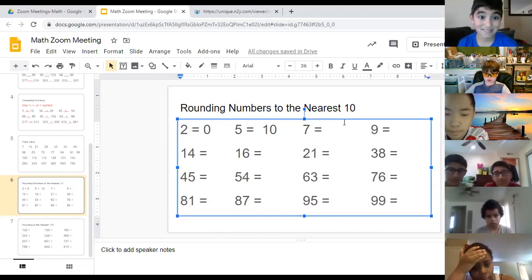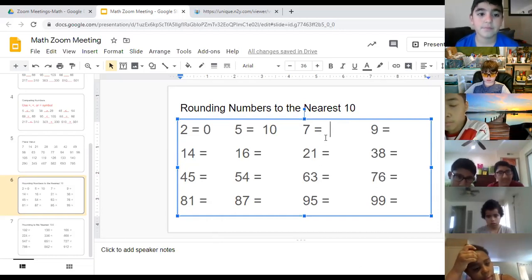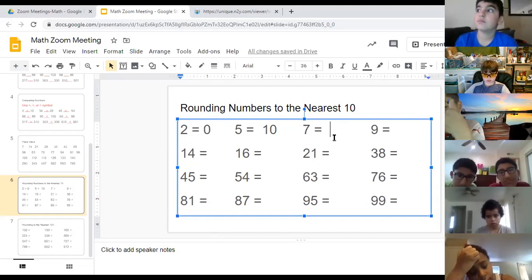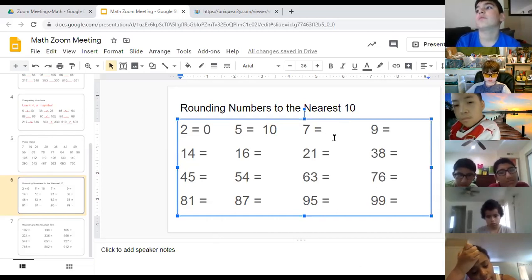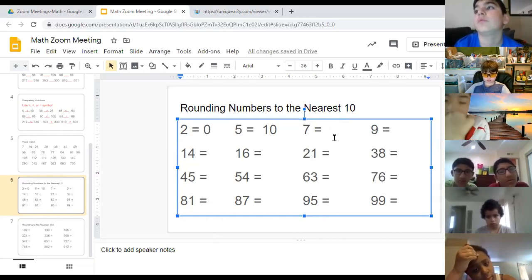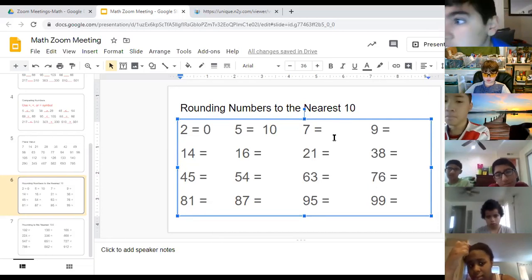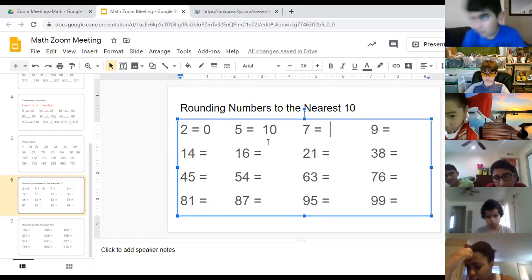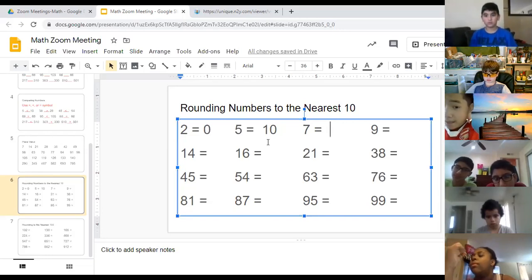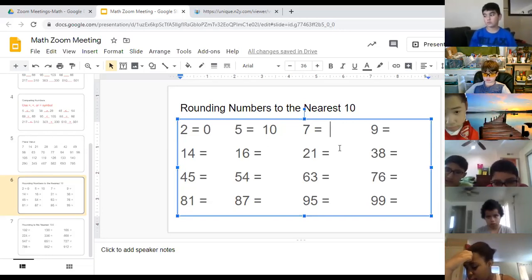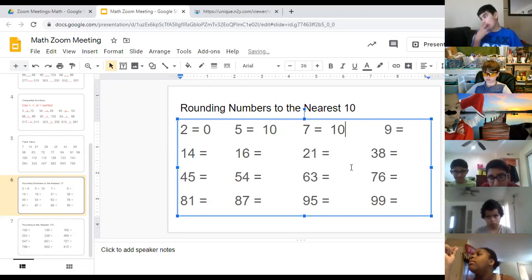Closer to 10. So when we round 7 to the nearest 10, it becomes 0 or 10? 10. Very good. So we round up and 7 becomes 10.